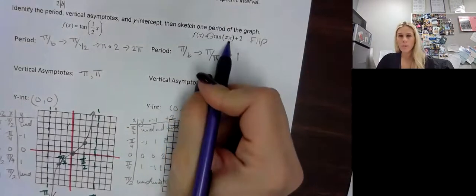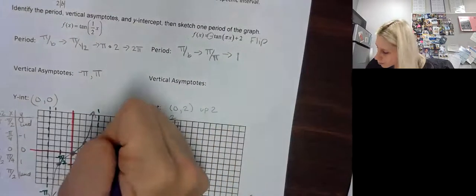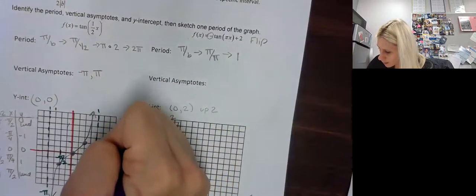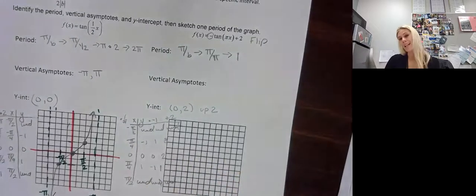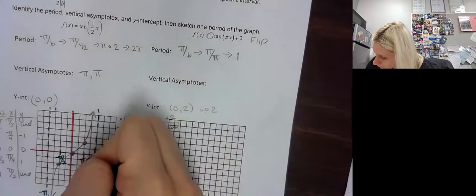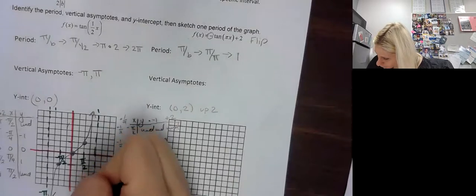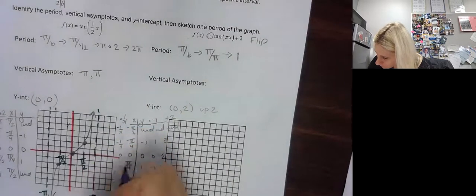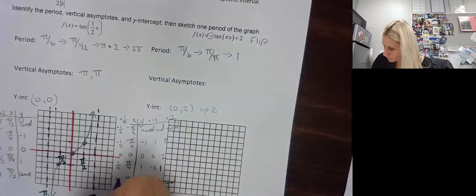Okay, let's do our period. So this is multiplying by pi. So what we're actually going to do is multiply by 1 over pi. What does that do for us in all of our x values? Well, in this case, because we're dividing by pi, all of our pi's cancel, right? So I'm left with negative 1/2, negative 1/4, 0, 1/4, and 1/2.